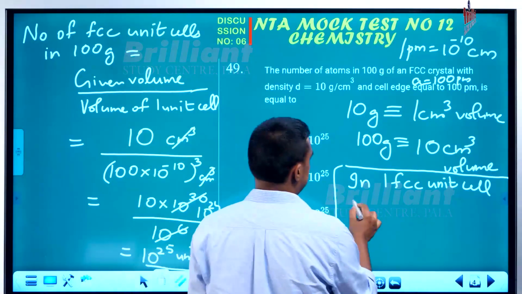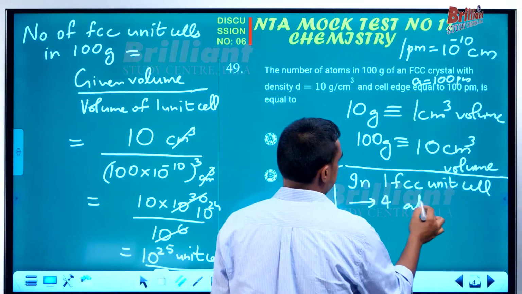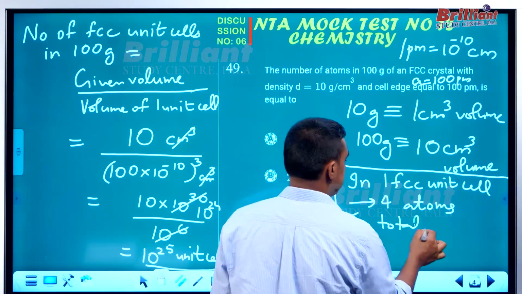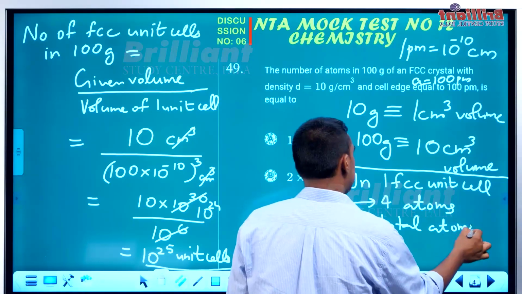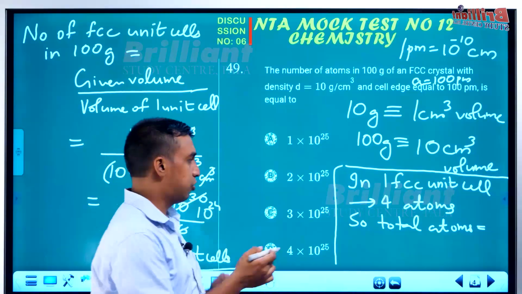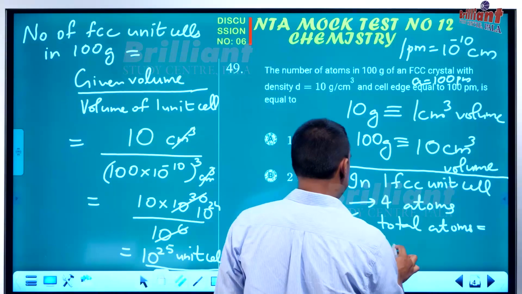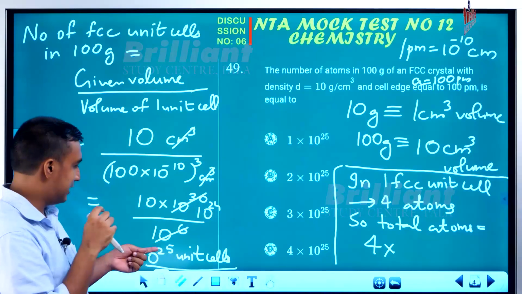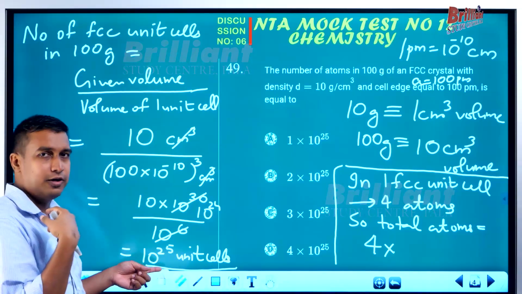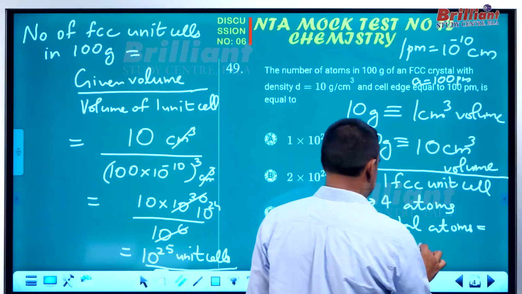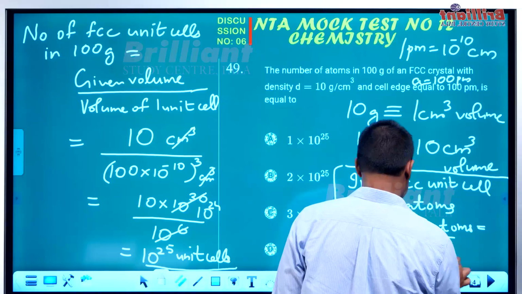Anyway, in one FCC unit cell we have 4 atoms. So total atoms is equal to number of unit cells into 4. One FCC unit cell has 4 atoms, and the total number of FCC unit cells is 10 power 25. So 4 into 10 power 25. This will be our answer.